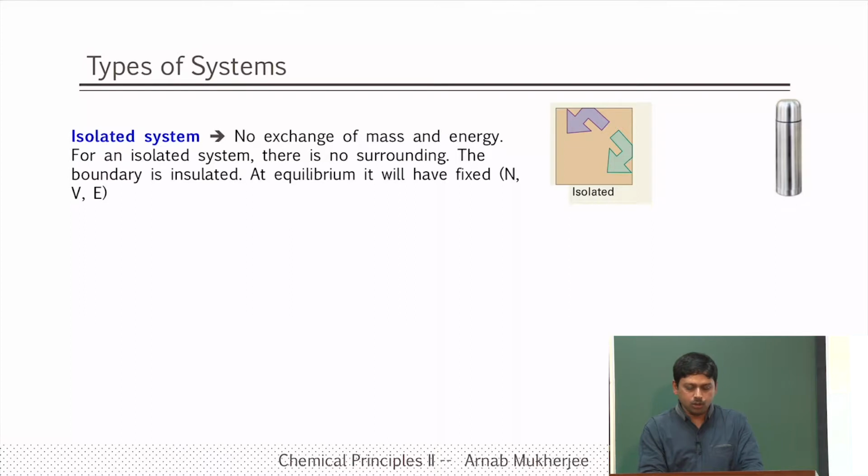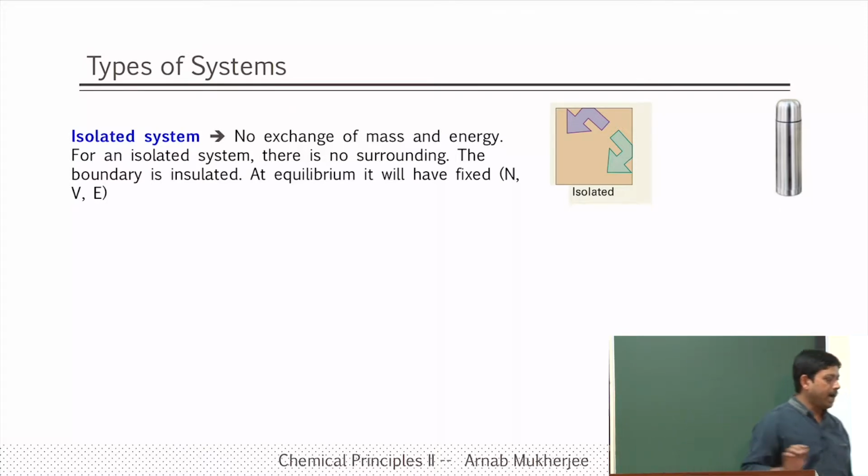One is called an isolated system, in which no exchange of mass or energy takes place, and it is depicted in this kind of picture, where the mass and the energy are conserved within this particular system. An example of that is a thermoflask, although it is not totally an isolated system, but it is somewhat close to one.